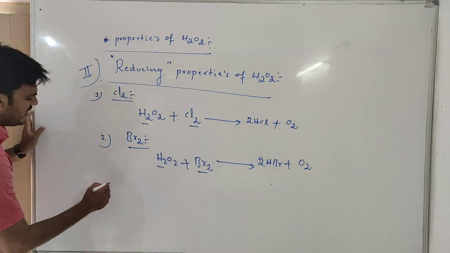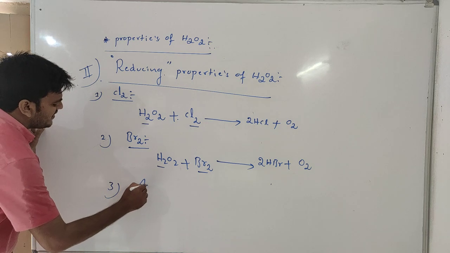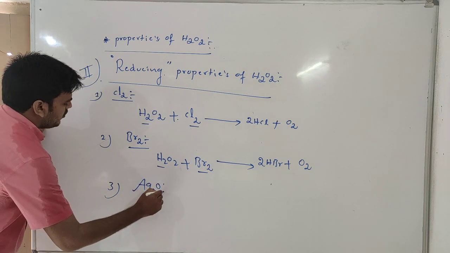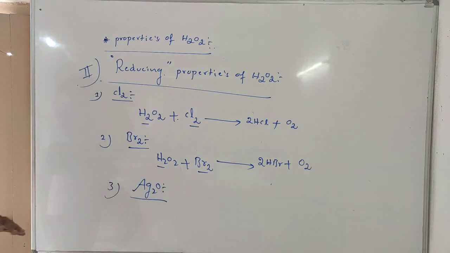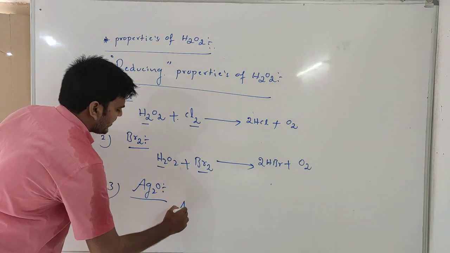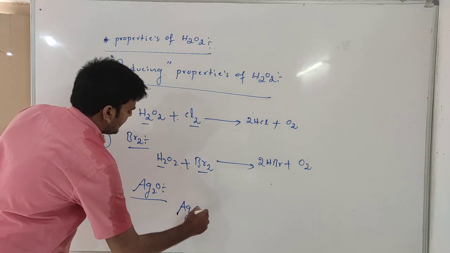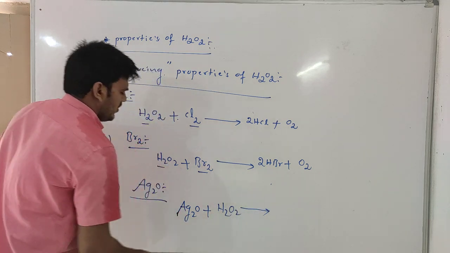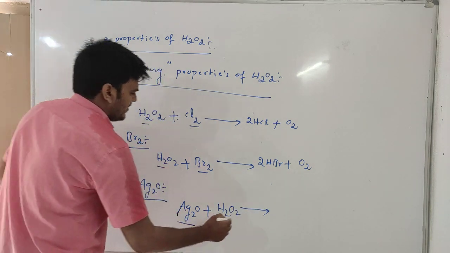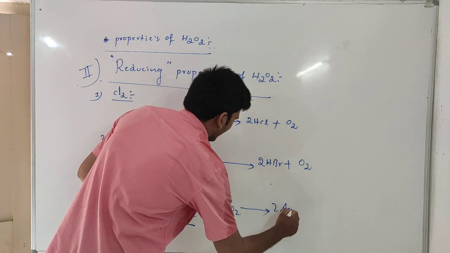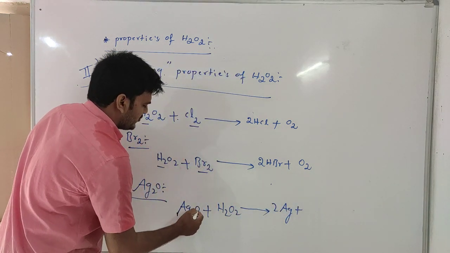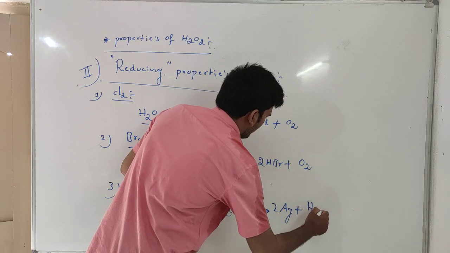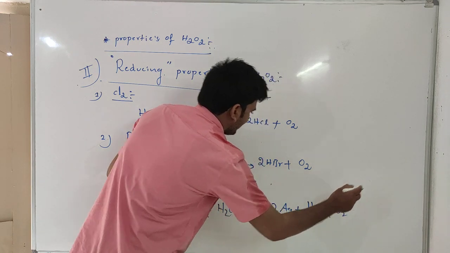And the next one, reaction with silver oxide, disilver oxide, formula Ag2O. First of all, Ag2O plus our compound hydrogen peroxide H2O2. Very simple answer: 2 moles of silver, Ag, plus water molecule H2O plus oxygen gas O2.